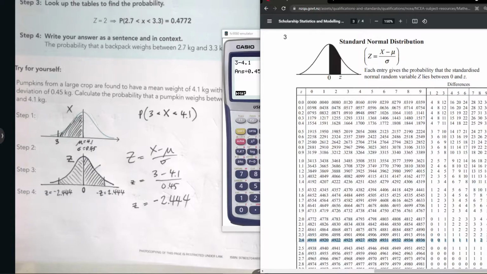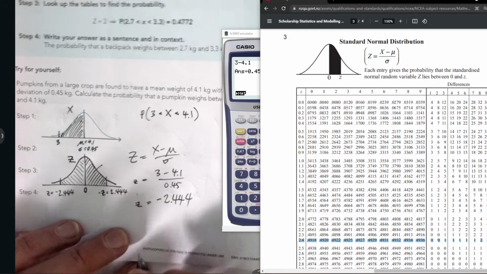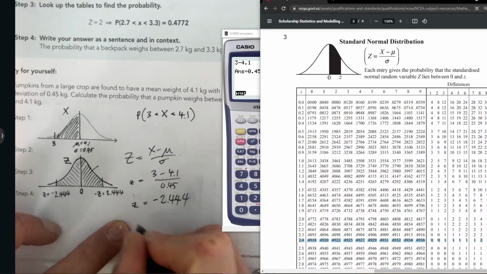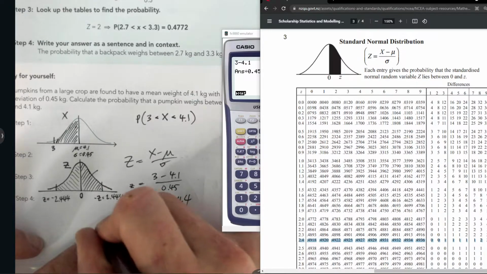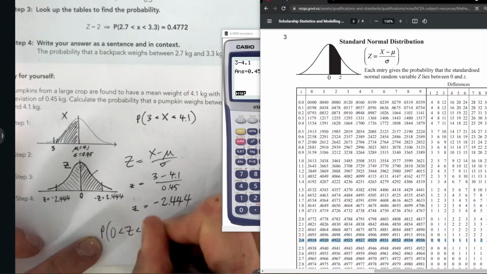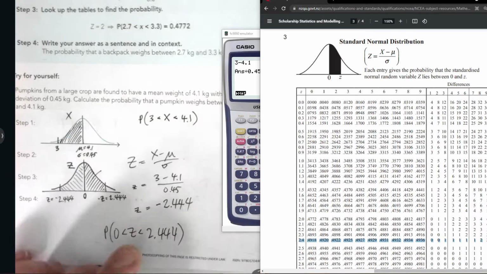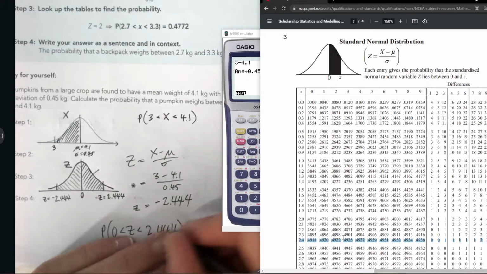So let's do that. 2.444 is down here, so we highlight that. So the probability that it's between 0 and 2.444 is going to be, so we go to 2.44, so it's 0.4925.